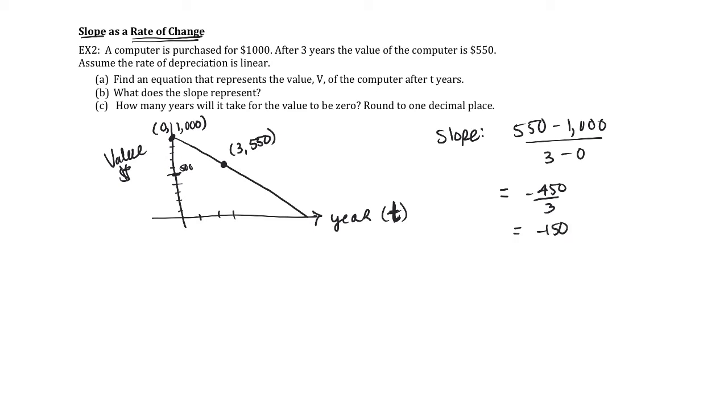So that's our slope. Now we need to write the equation of the line. Usually it's y equals mx plus b. The b is the initial value, so the b is going to be 1,000. But instead of y, I'm talking about this in terms of v. The value is equal to the slope, -150, times x, but x I'm talking about years, so I'm calling that t, and then the initial value was 1,000. And there's the equation of my line.